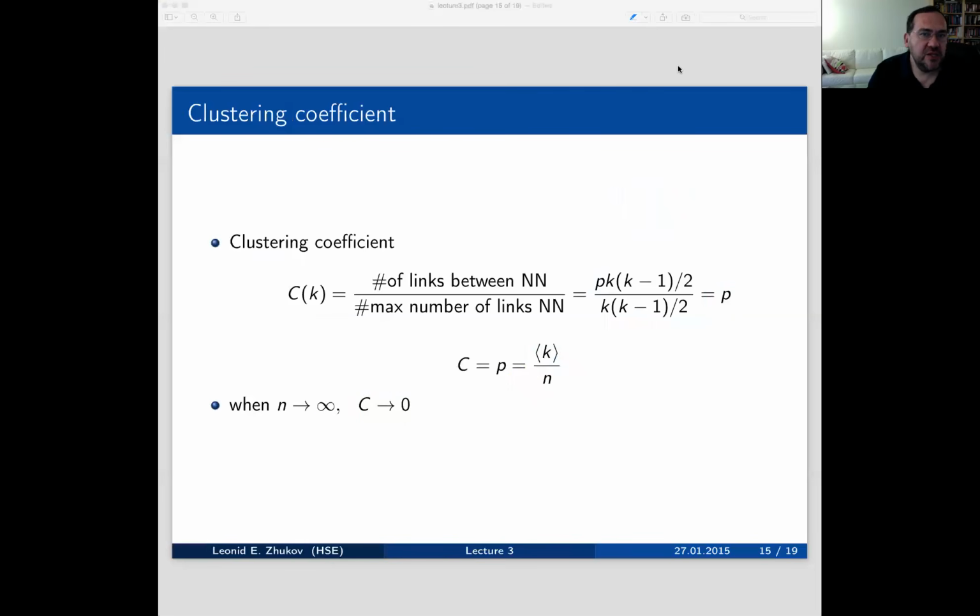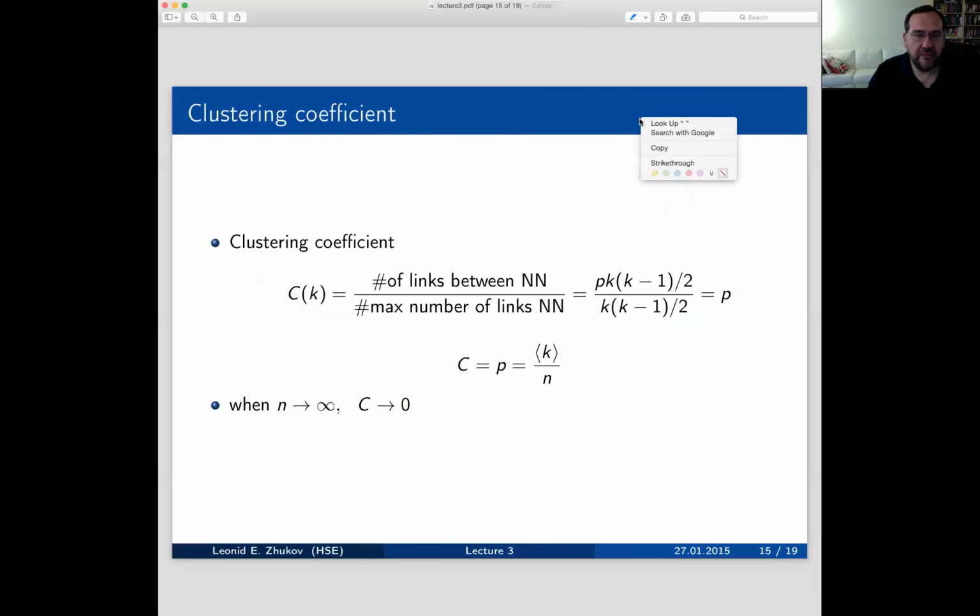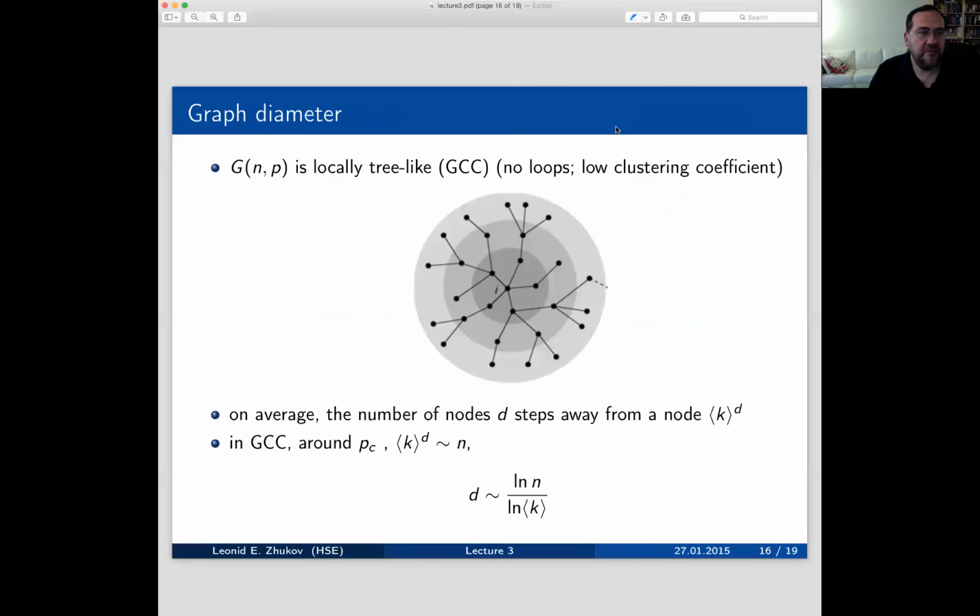On the other hand, because of that property, we can easily calculate the diameter for this graph. Since the clustering coefficient is very small, which means there are very few triangles, as an approximation we can think of the graph as being almost a tree, or at least locally like a tree. And then you can easily calculate how many nodes on average live these steps away from the current node.